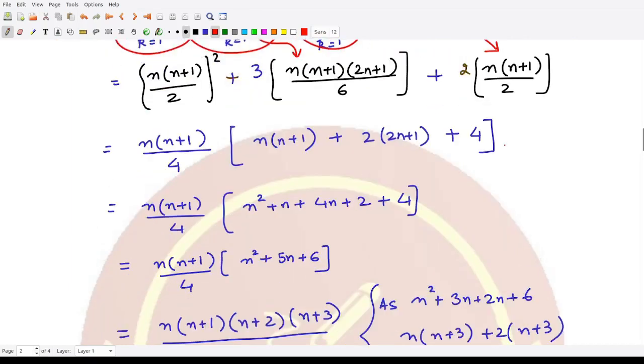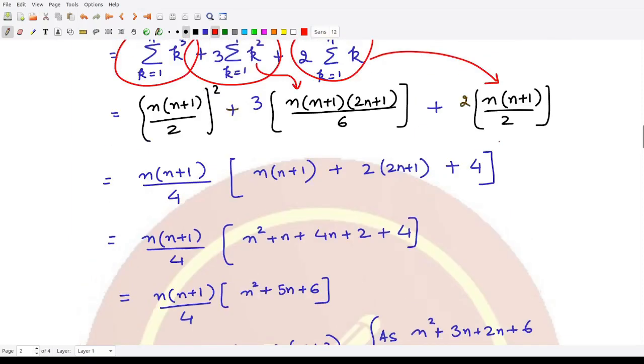Now you can just simplify the terms. You can take n into n plus 1 common from all 3 terms and you can take 4 outside. Here 3 and 6 are cancelled by 2, correct? Here you have 2 into 2 which is 4, so you can take this 4 also outside.